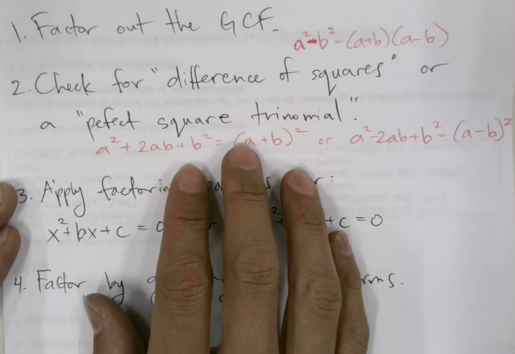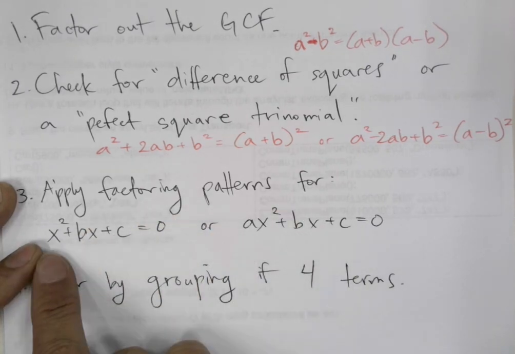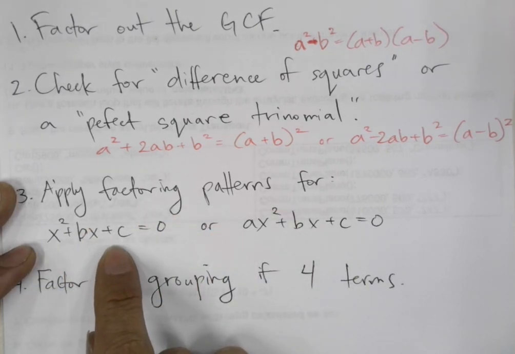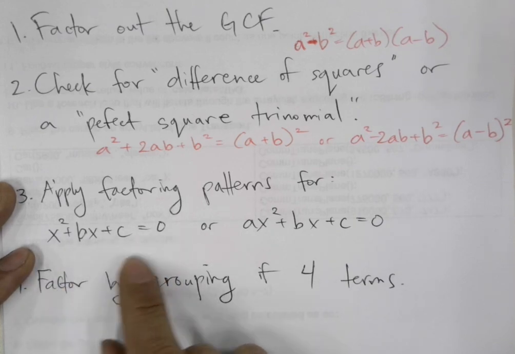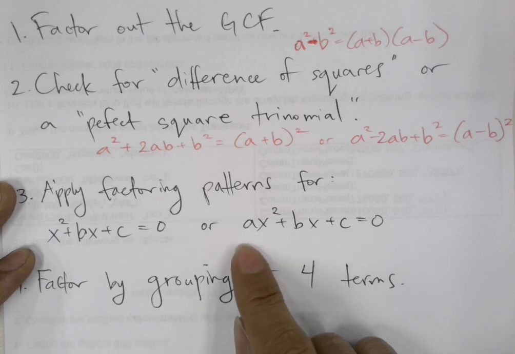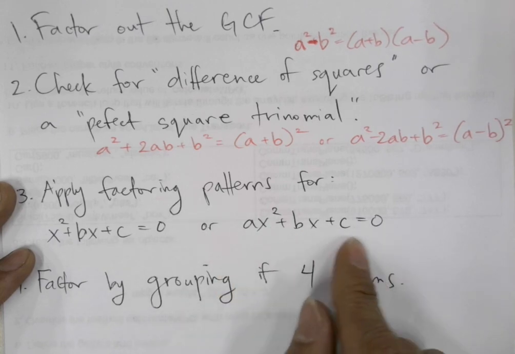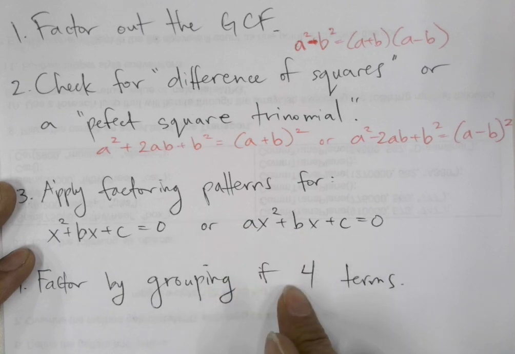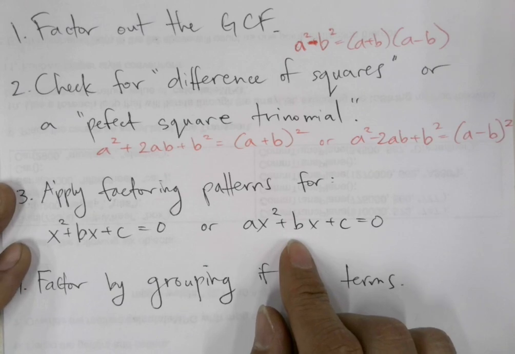And if it doesn't fit these two patterns, then we can apply the factoring patterns for x squared plus bx plus c equals 0, to factor using the x method. Or we can look for the ax squared plus bx plus c equals 0 pattern, in which case we would use the x method with that slight adjustment to factor the polynomial.